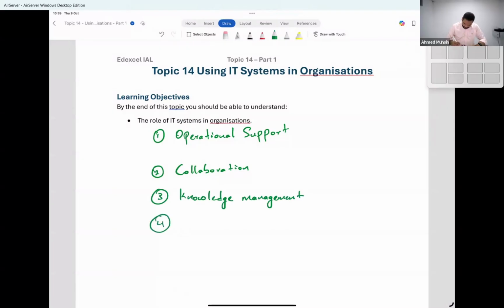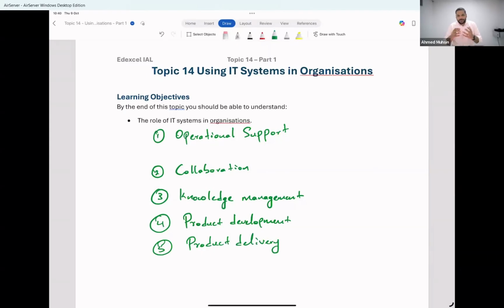Number 4, we spoke about product development. And number 5, we spoke about product delivery or service delivery. These are the 5 areas we spoke about. And inside each area, we spoke about certain factors that contribute towards achieving it.